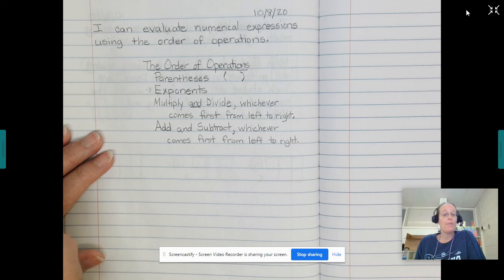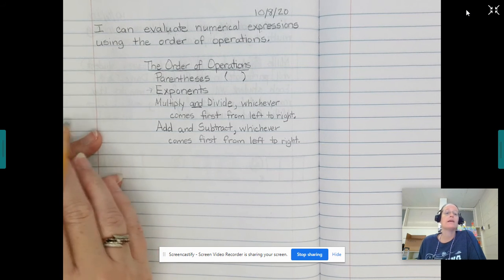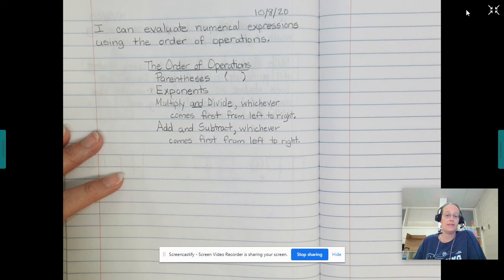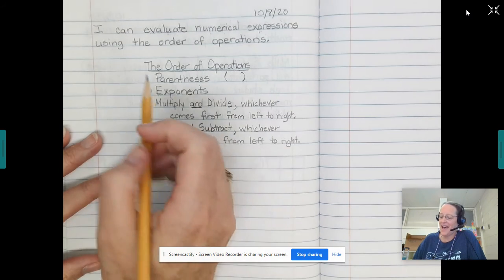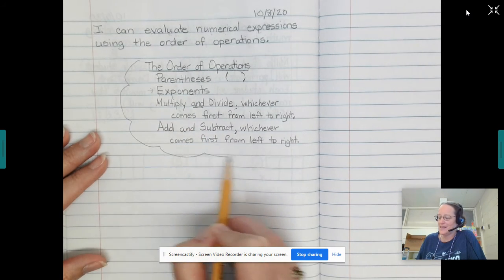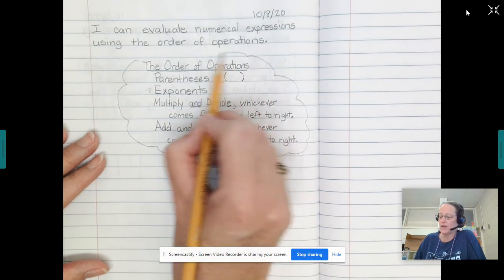What is the order of operations? It is parentheses, exponents, multiply and divide, whichever comes first from left to right, add and subtract, whichever comes first from left to right. That, my friends, is the order of operations.